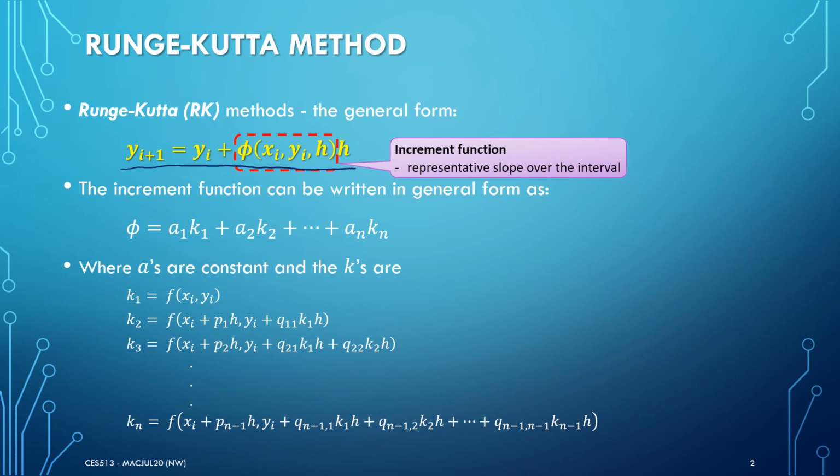This increment function can be written in the general form of phi equal to a1 k1 plus a2 k2 plus so on until an kn, where the a's are constants and the k's are as given in this set of equations.